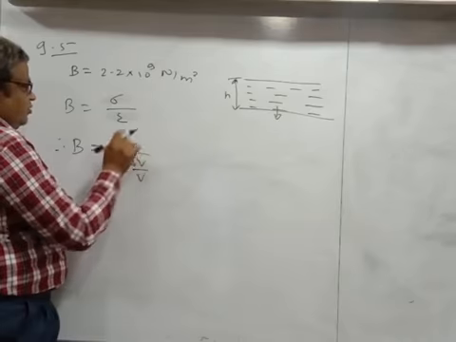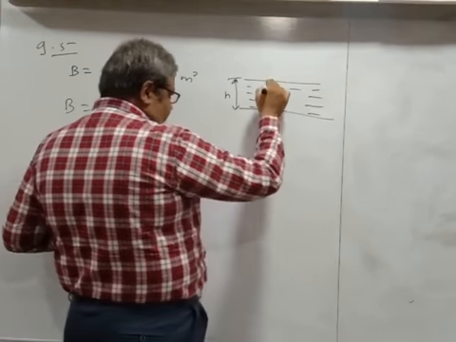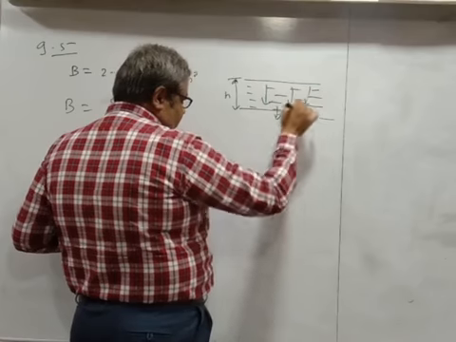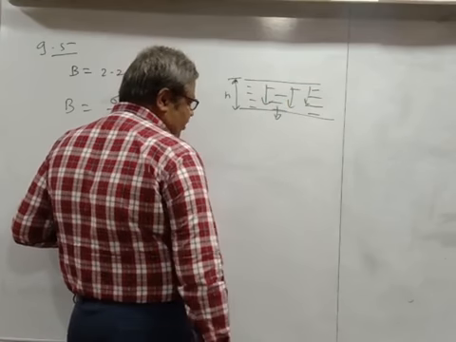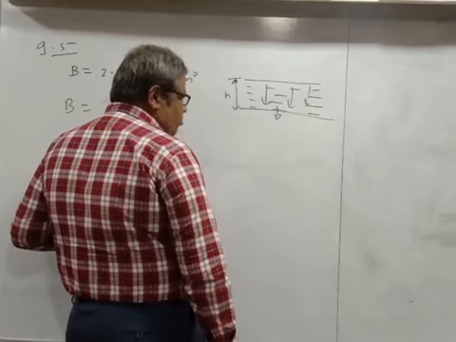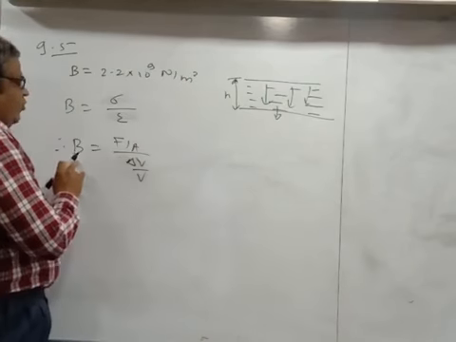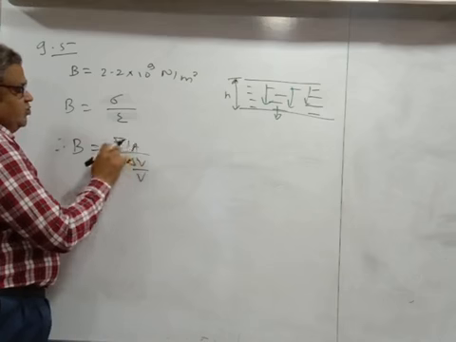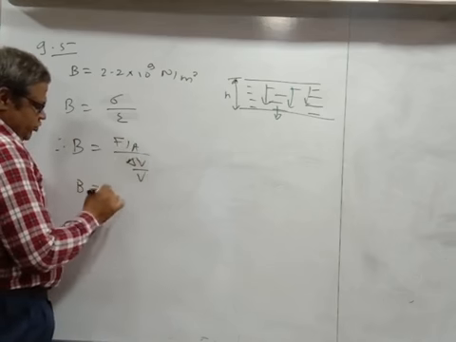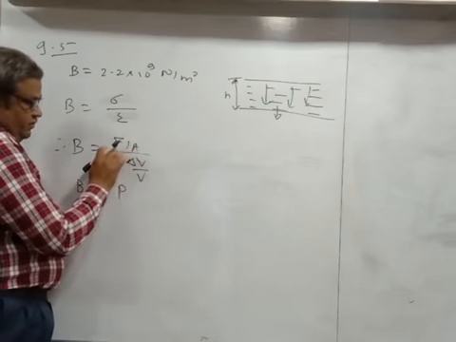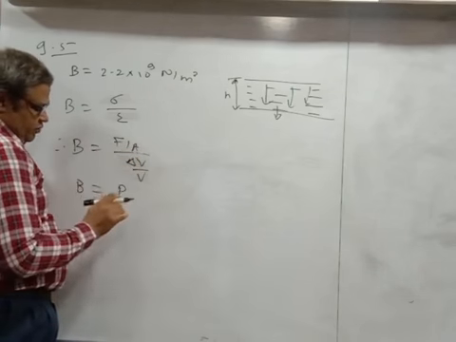But here the force of the water divided by this cross-sectional area will give you the pressure. In case of bulk modulus, you can take this stress equal to pressure: applied force divided by cross-sectional area.